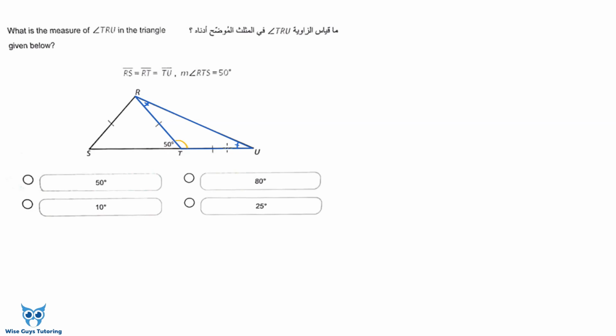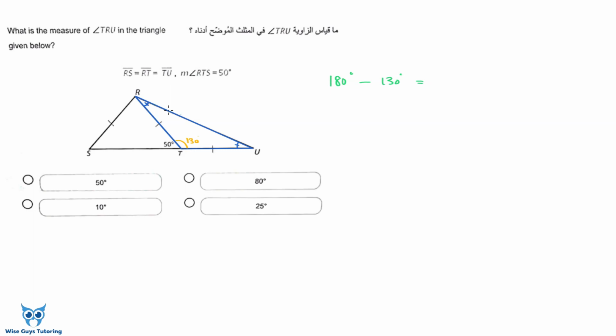Whenever you have one line which is being split like that, that's 180 degrees. So this one must be 130, which is 180 minus 50. There you go. Now, angle sum theorem tells me that in any triangle, all triangles, the sum of all the three angles is always 180. Okay? So that means I have 180 degrees minus 130 degrees.